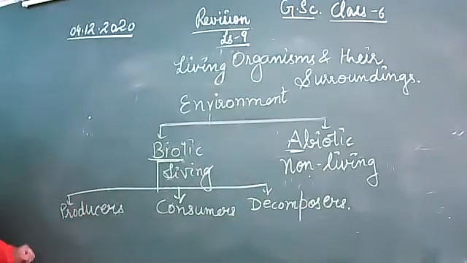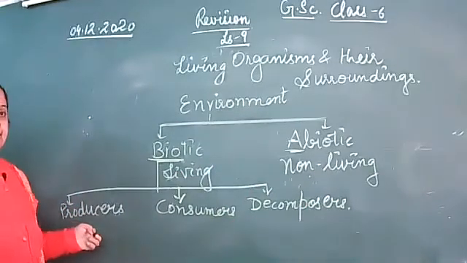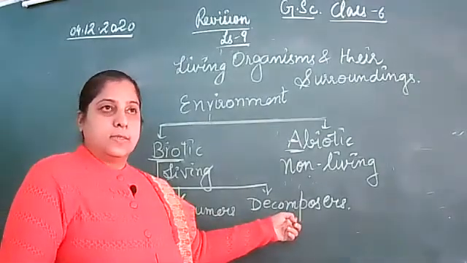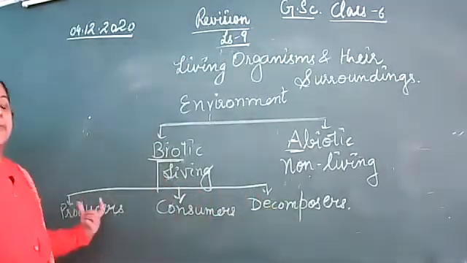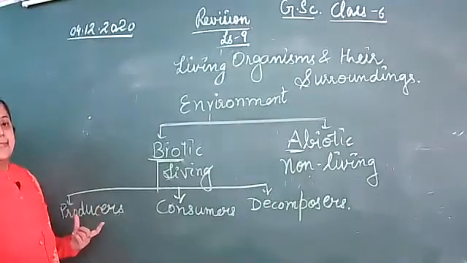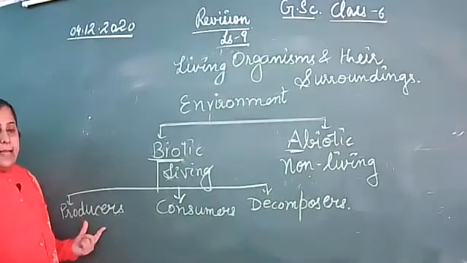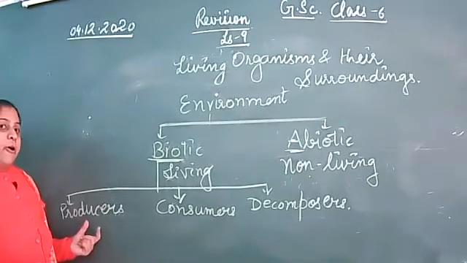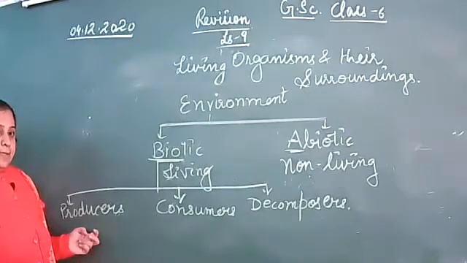Which are the three groups? They are producers, consumers, and decomposers. What are producers? Producers are living organisms that are able to make their own food by the process of photosynthesis.